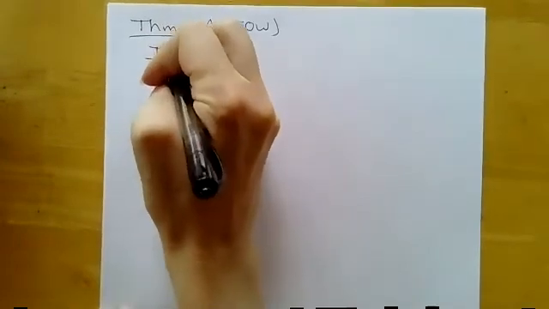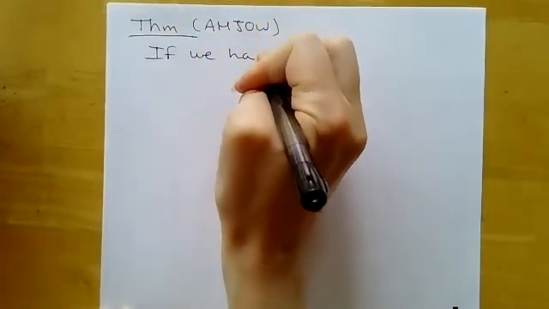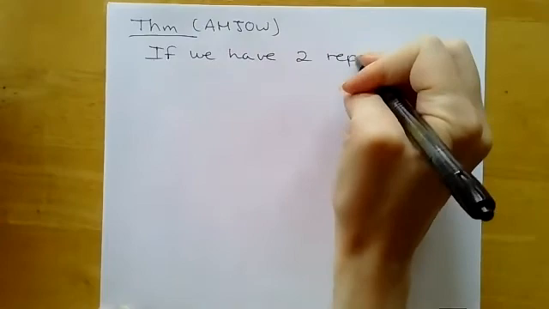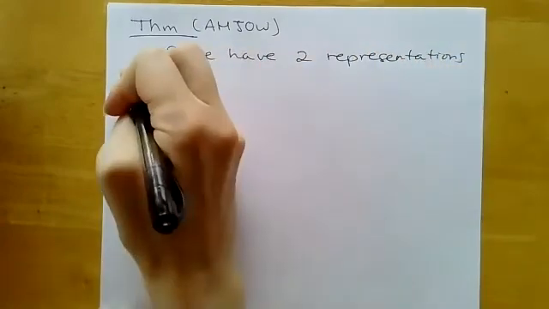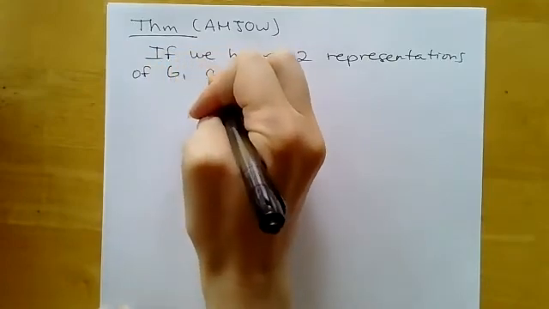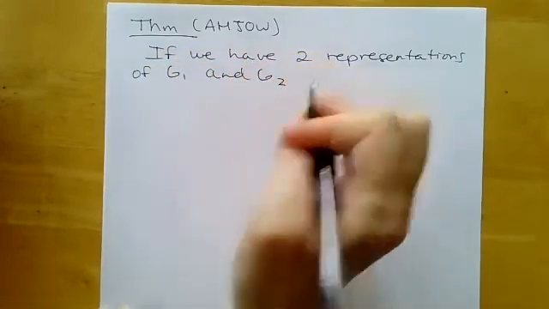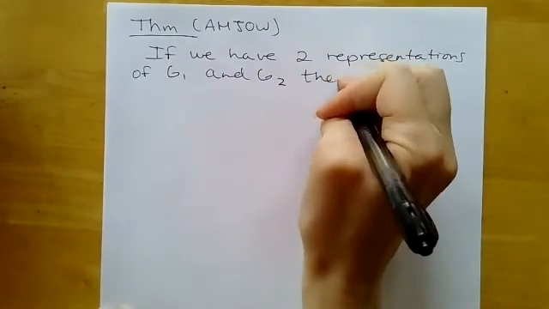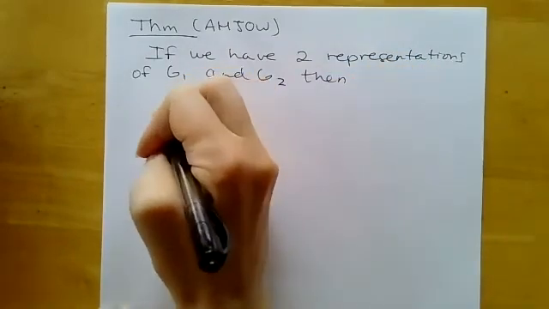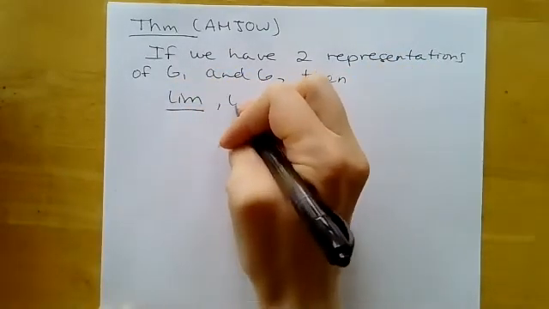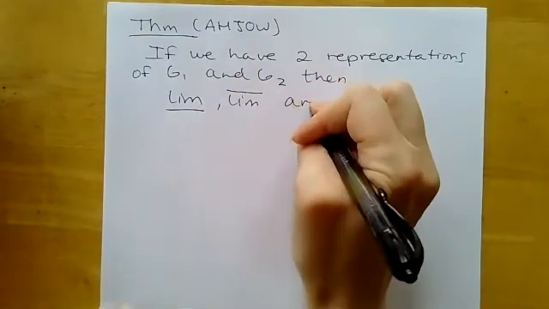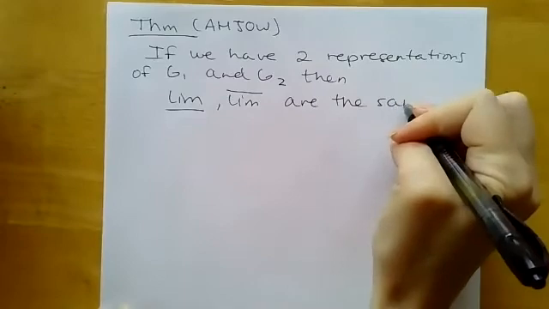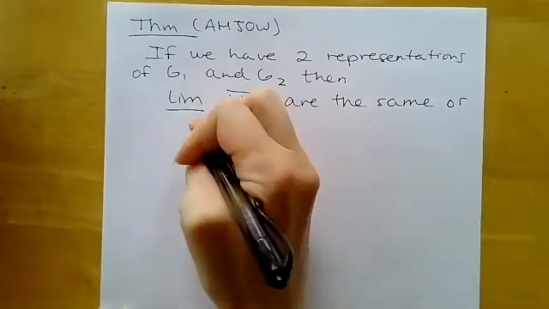And it says that if we have 2 representations of G1 and G2, so you have 2 grids and 2 representations each, then that lim inf and that lim sup that appeared in the previous theorem are either the same or they're inverted.